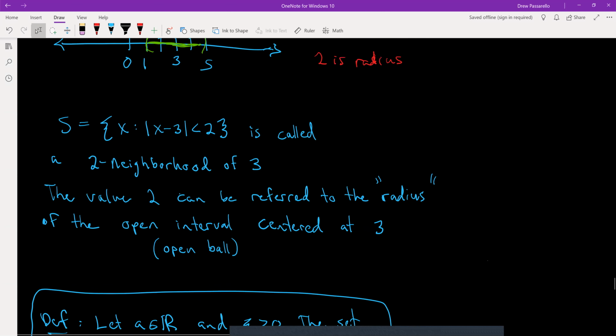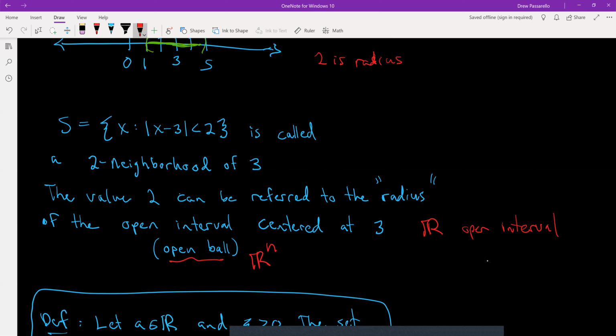Now, when it's written in this form with the absolute value of x minus 3 less than 2, this is called a 2 neighborhood of 3. So the 2 is our radius, and 3 is the center of that open interval. Usually we'll refer to it as an open ball when we're dealing with any dimension Rn, but in one dimension, that's just a regular open interval for our neighborhood.